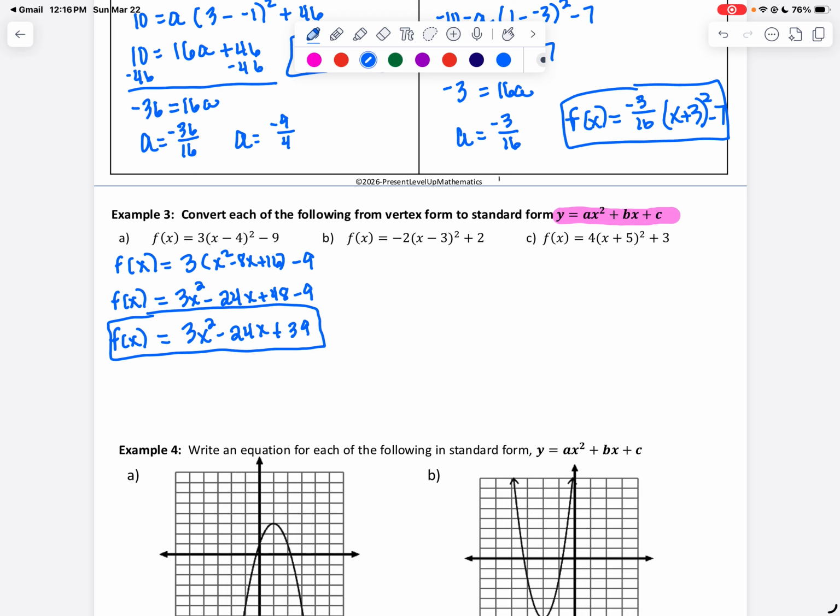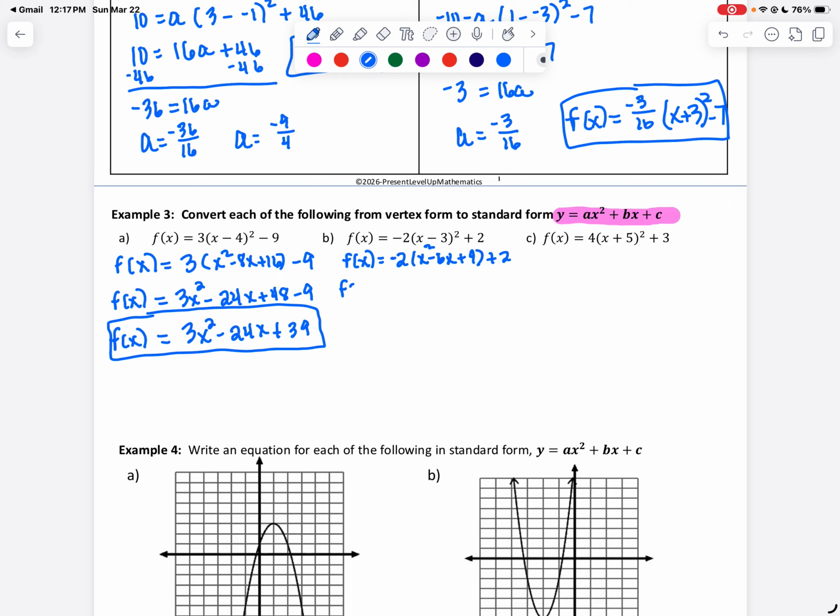All right, let's try that again. Here we have in B, f of x equals negative 2 times the quantity (x minus 3) squared plus 2. The first thing we're going to do is put a negative 2, a big parenthesis, and then a plus 2. And I want to square this binomial, (x minus 3) quantity squared. So that's x squared minus 6x plus 9.